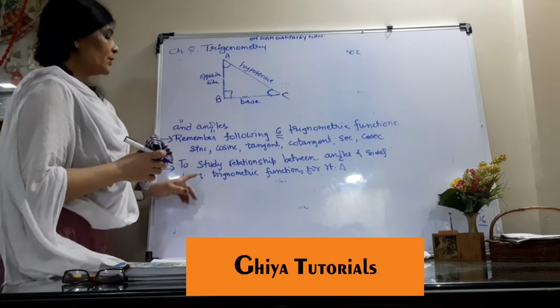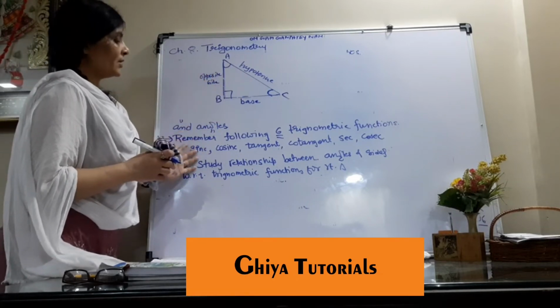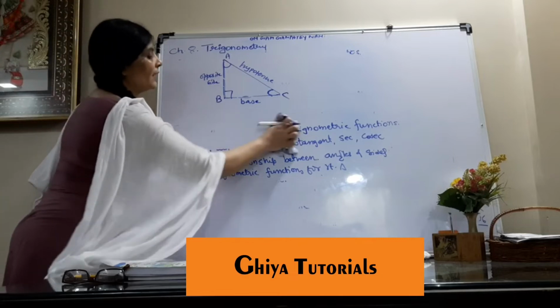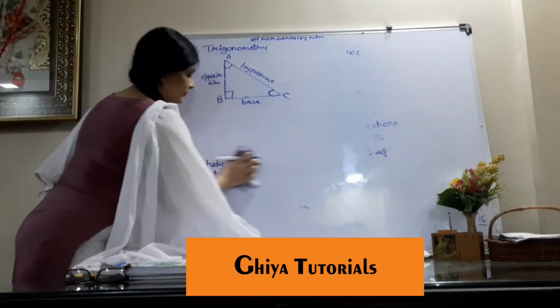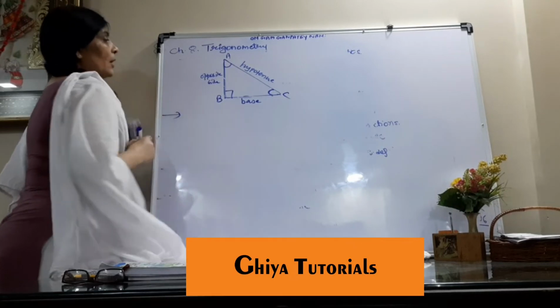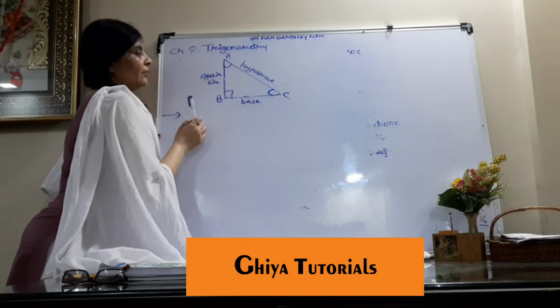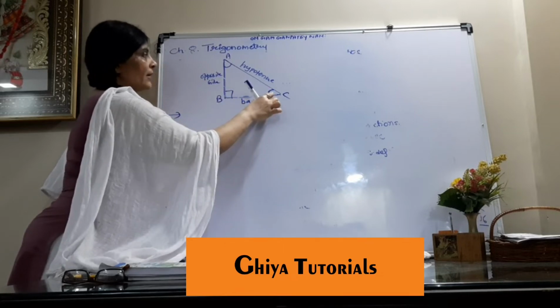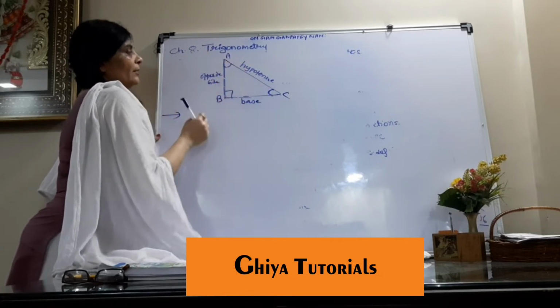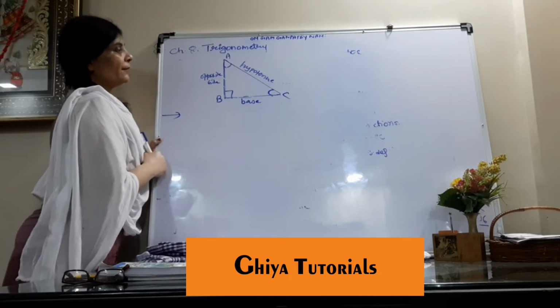Now what is the relationship for these angles and sides with respect to these trigonometric functions? Let us see. Suppose you want to find angle C, or angle A. How? With the help of the trigonometric functions.